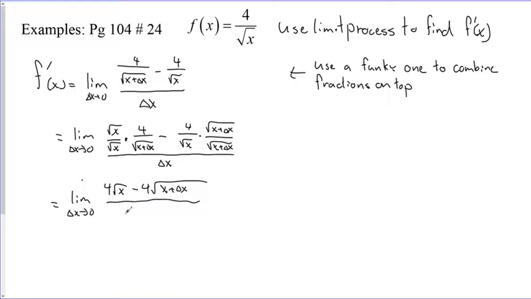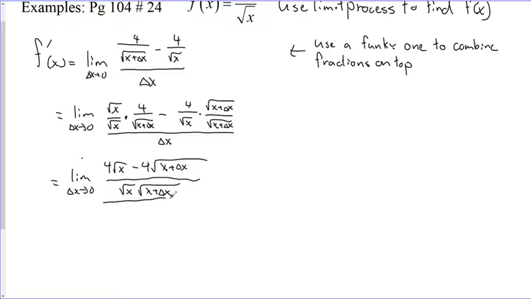I'm going to leave it for right now. So I've got square root of x times the square root of x plus delta x, and that's still all over delta x. Now, when you have a fraction divided by a whole value, it'd be like delta x over 1. We flip it and multiply. We can move that to the top.